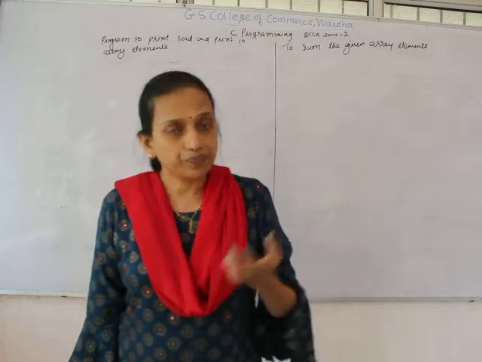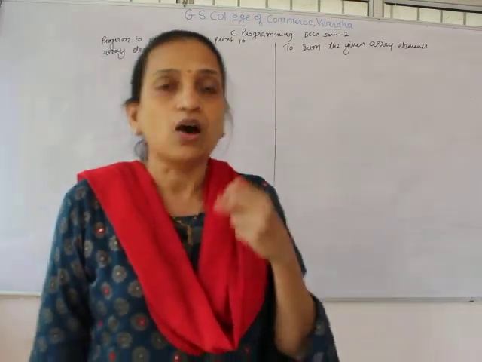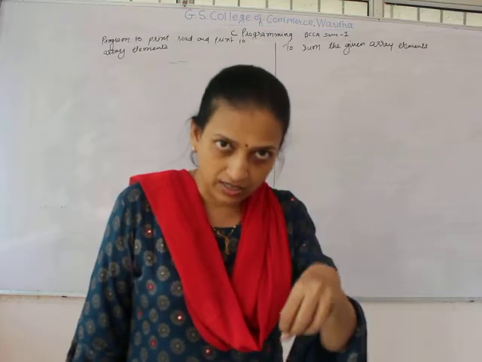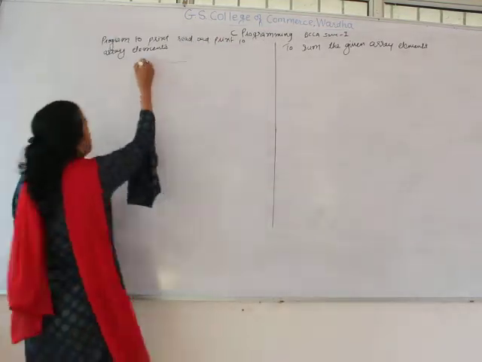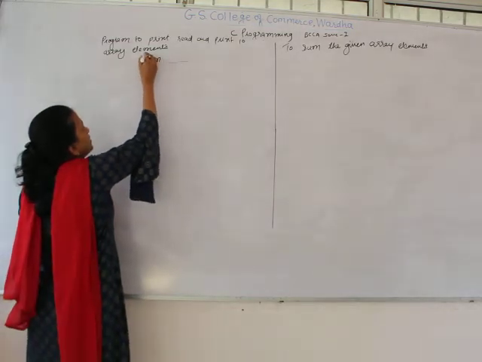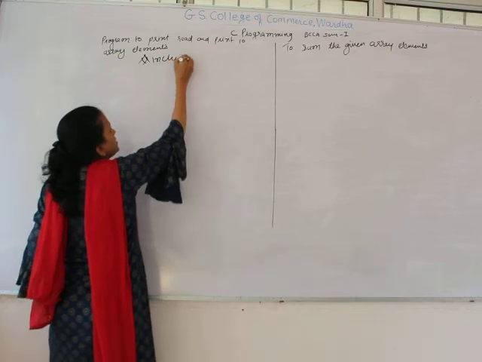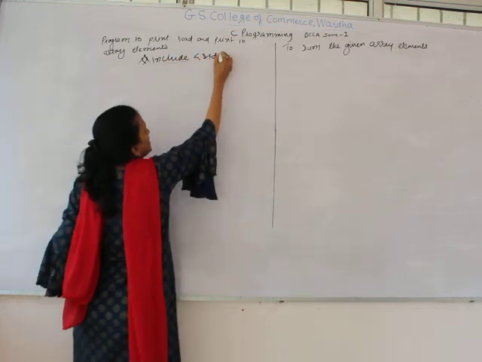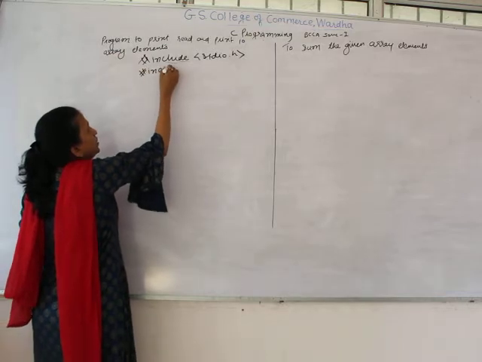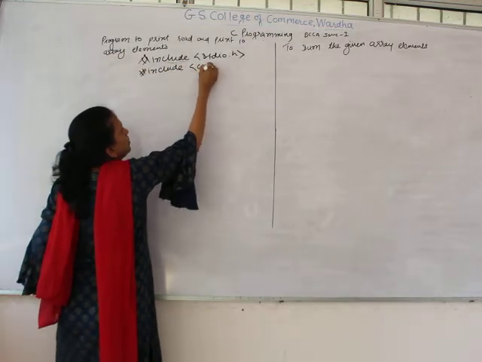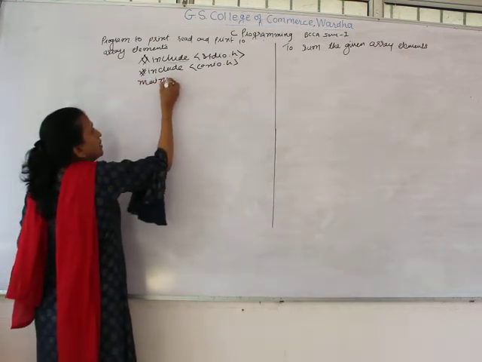Let us see how we can read the elements, how you can input the values of an array variable and how you can print them. So #include <stdio.h>, as we always use this file as a preprocessor in every program, then #include <conio.h>. Every program must be written in a main function.